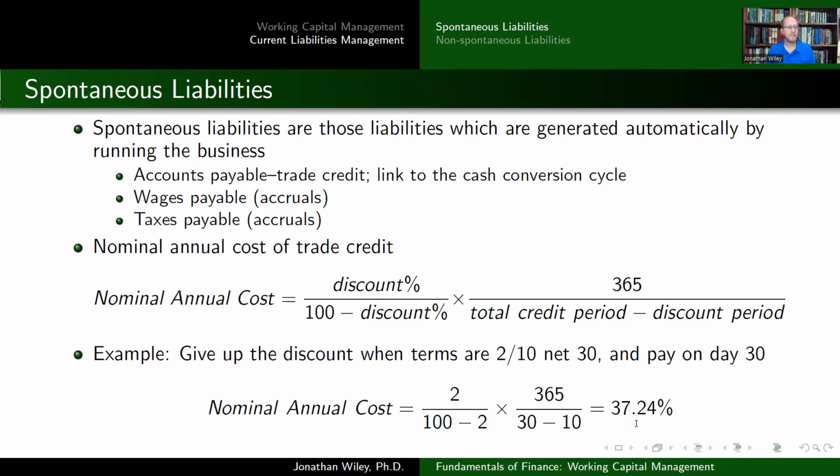And so ultimately, that seemingly innocuous 2/10 net 30, a supplier is providing a strong incentive to the customer: pay within the discount period, because it is economically advantageous to do so in most cases. Now, that circles back to the cash conversion cycle that I discussed in a prior video.